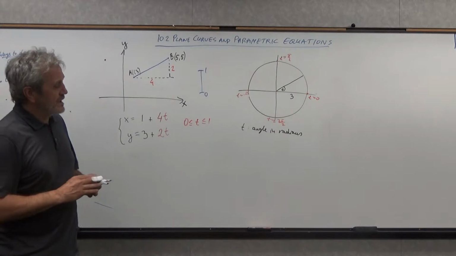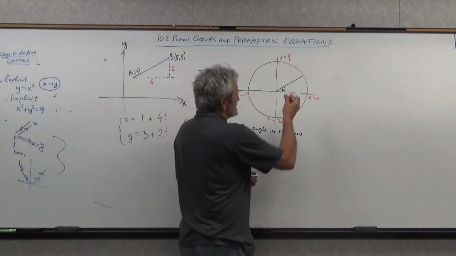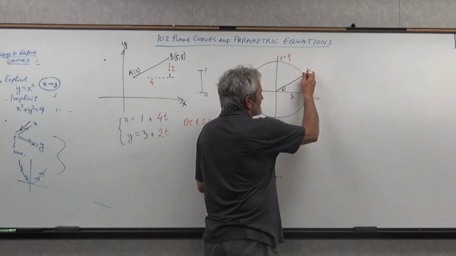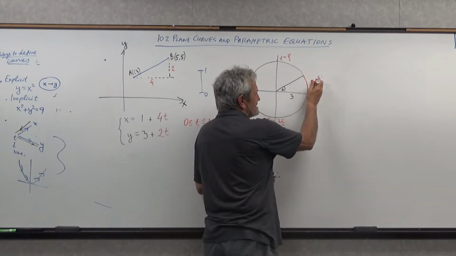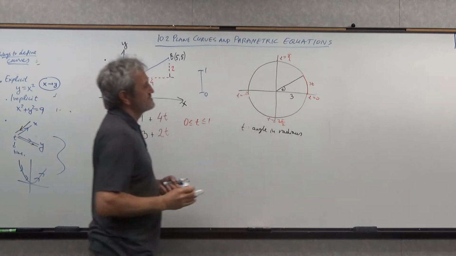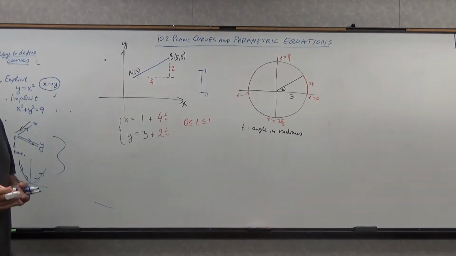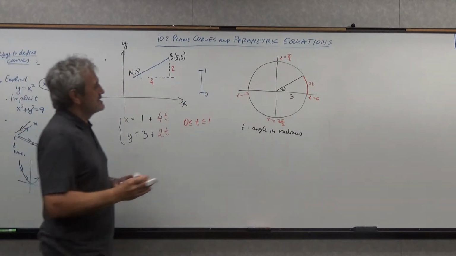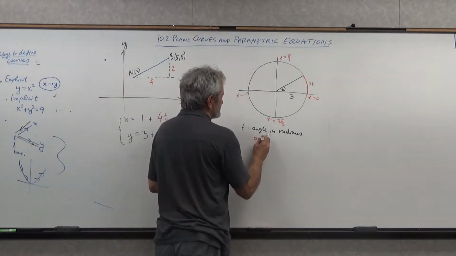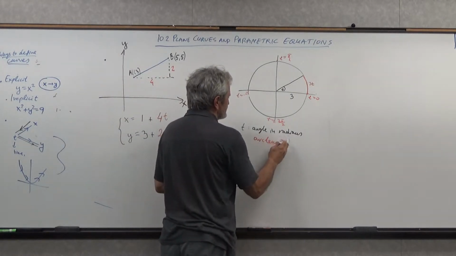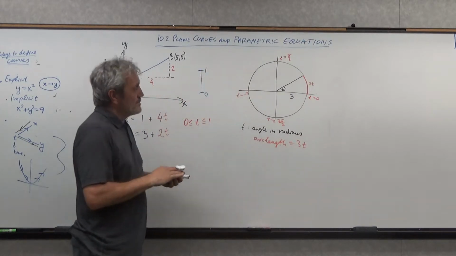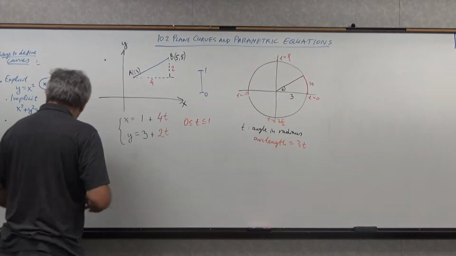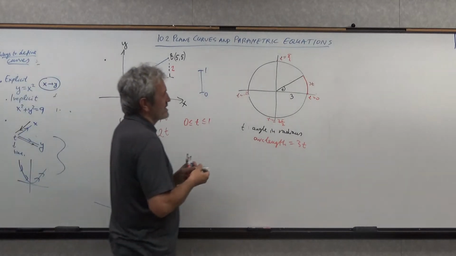And then basic trigonometry tells you that this arc length here, because the radius is 3, is 3t. That's the famous formula for arc length. But what we want is not arc length. I want the x and y coordinates.